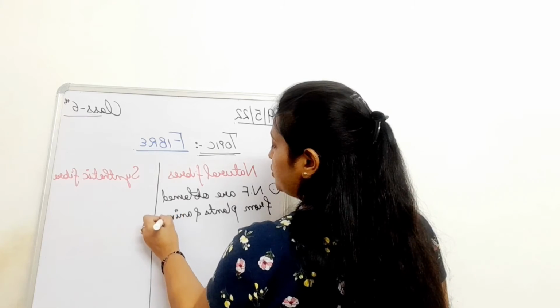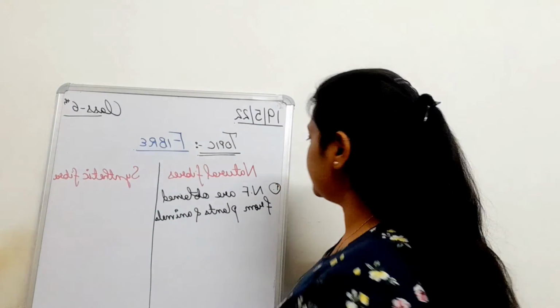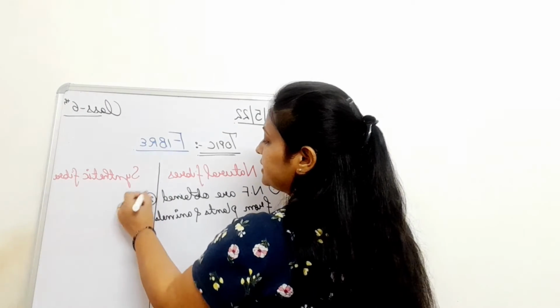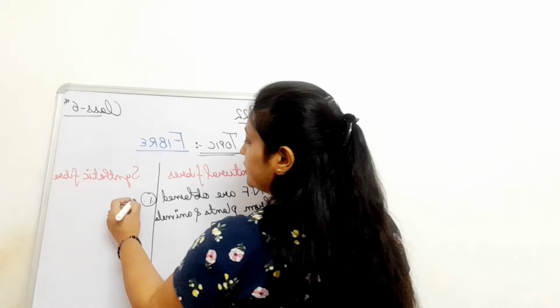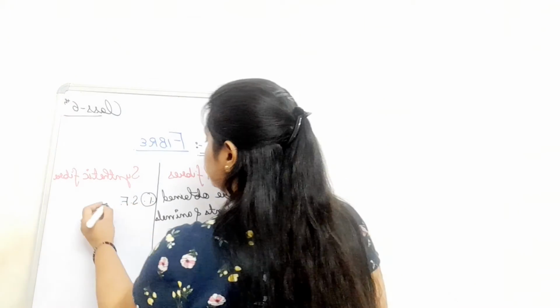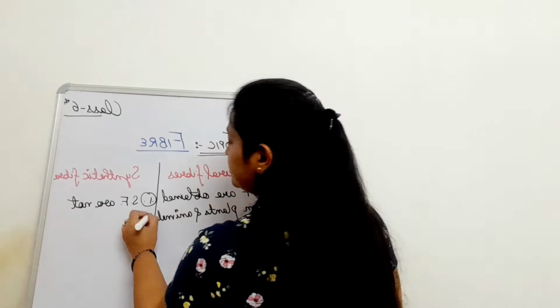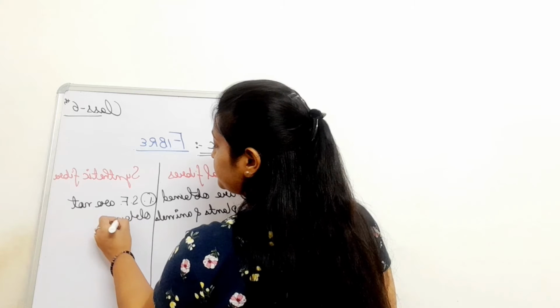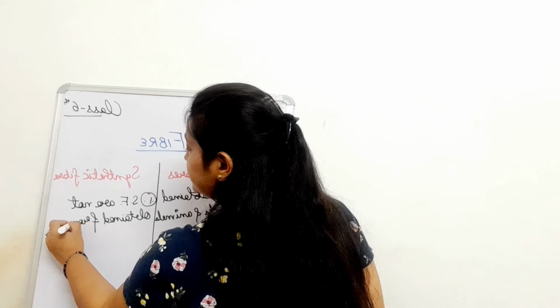So what should I write on this side? In synthetic fiber, I am writing SF. Synthetic fibers are not obtained from plants and animals.